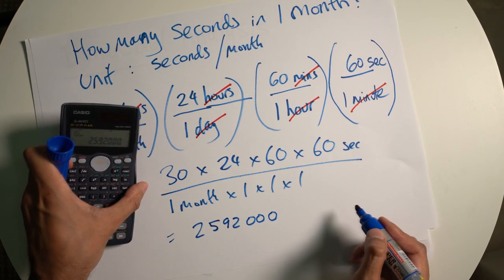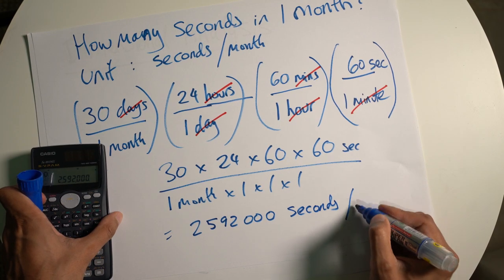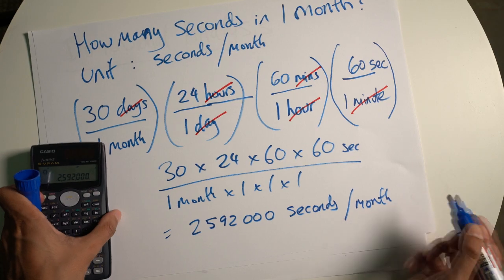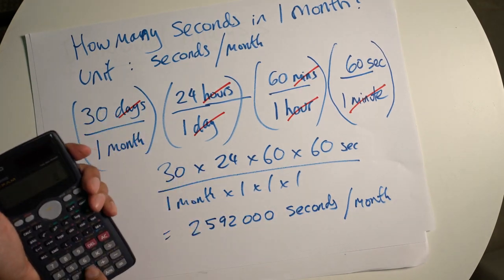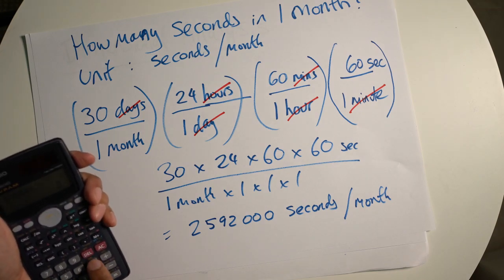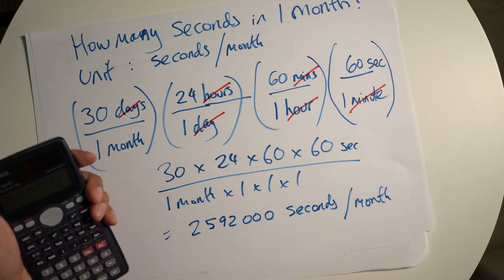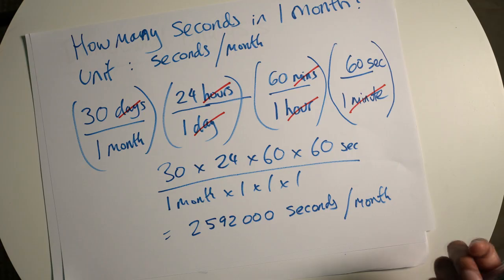Okay, seconds per month. Now, whenever I use a calculator, I always just make sure. So let me just run that again. 30 times 24 times 60 times 60. Yeah, 2.5 million, pretty much.